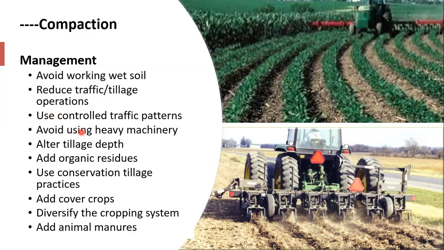Traffic can be reduced. Control traffic patterns, we have already discussed that; that should be used. Avoid using heavy machinery where we can, because sometimes we have to use it, but if we have an alternative, we should go for that.